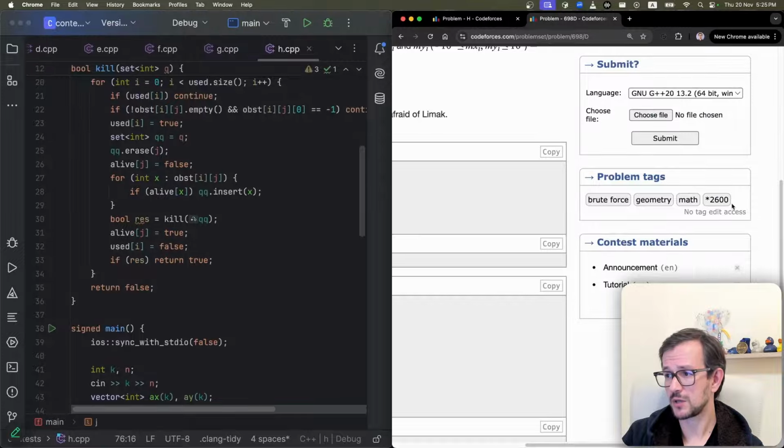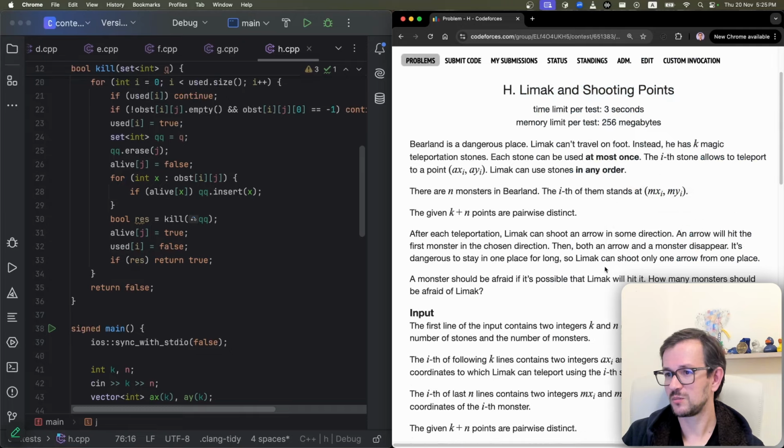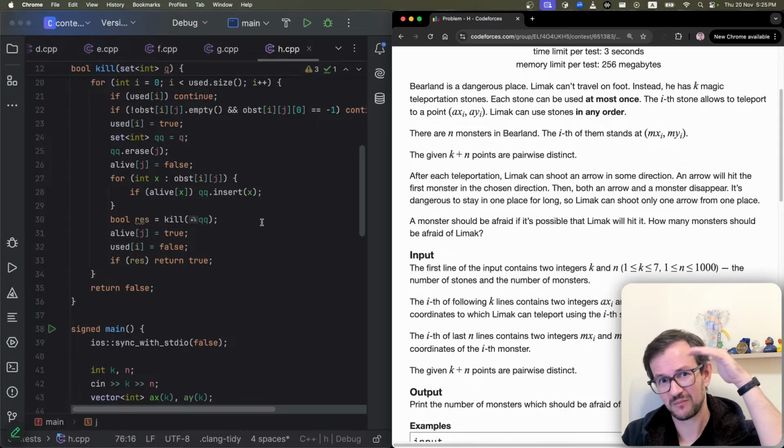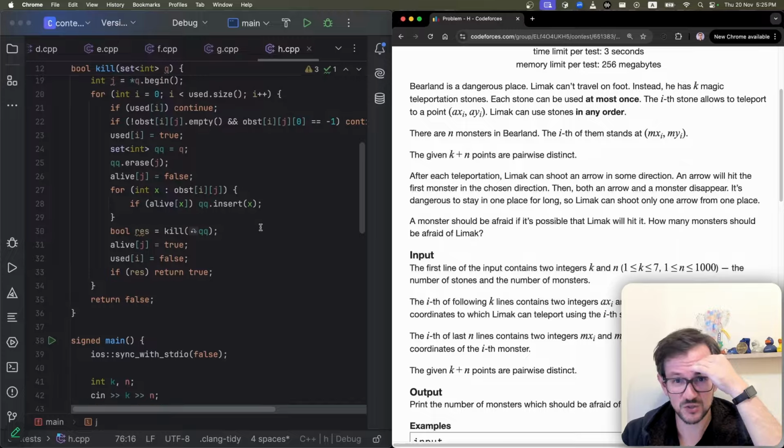Ah, 2,600. Okay, not the easiest problem we usually have, but 2,600 should be approachable for you. It's already kind of a master level problem, maybe even close to a Grandmaster level problem, but it's doable. No rocket science here.